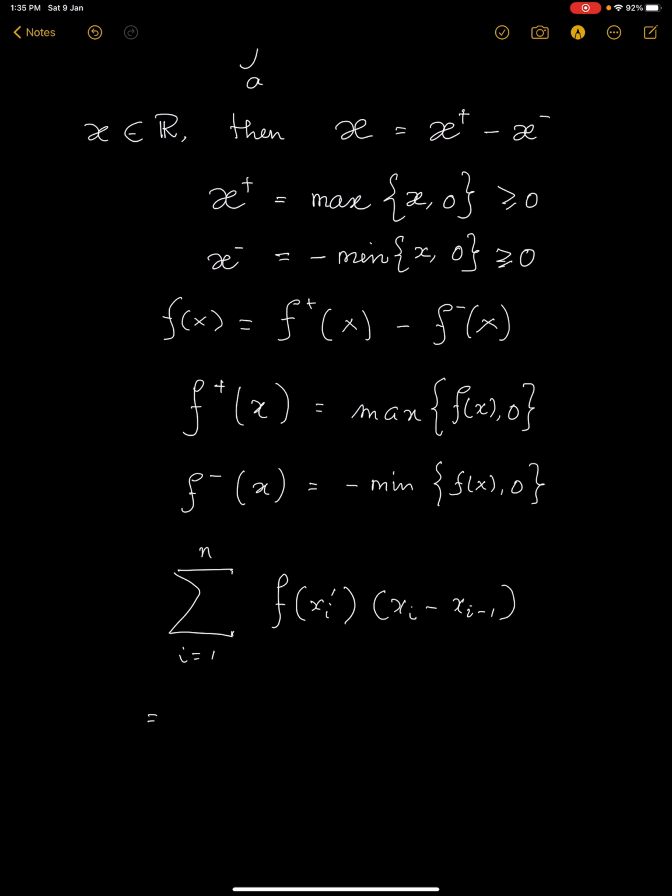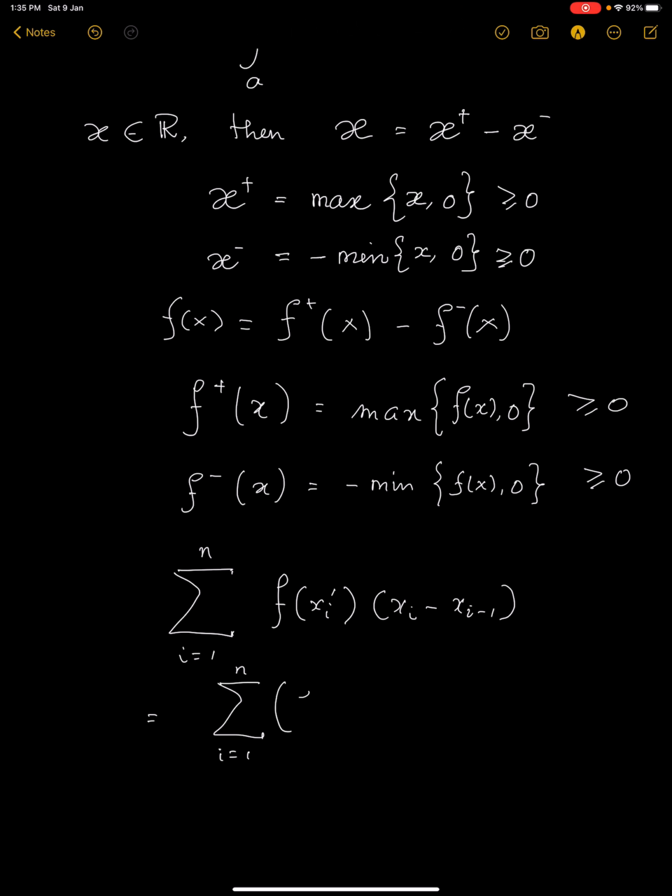Now this sum can be written as the summation i is equal to 1 to n. These are non-negative functions, for which there is a natural definition of the integral as an area under the curve.